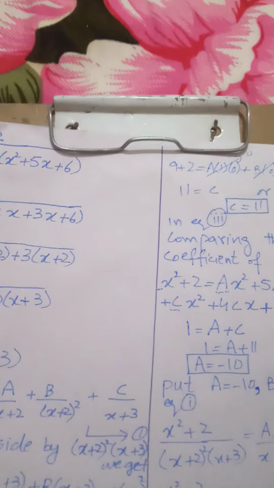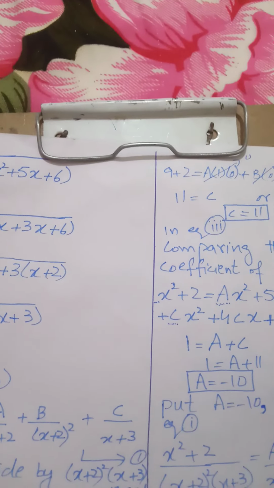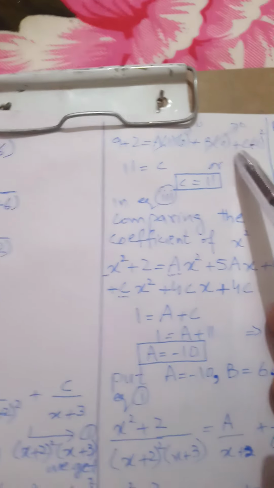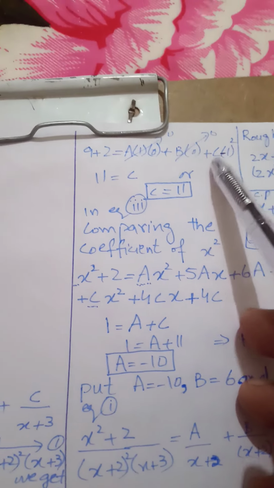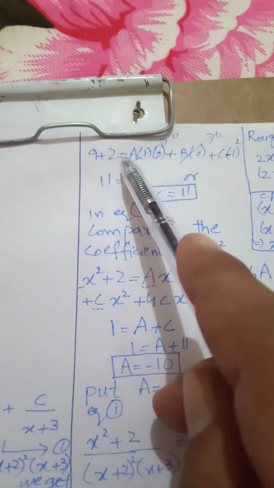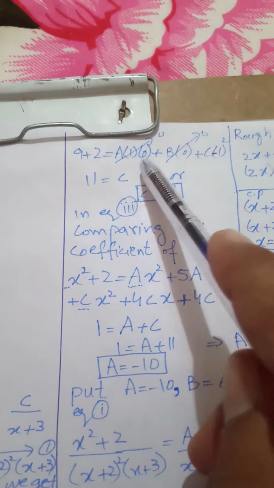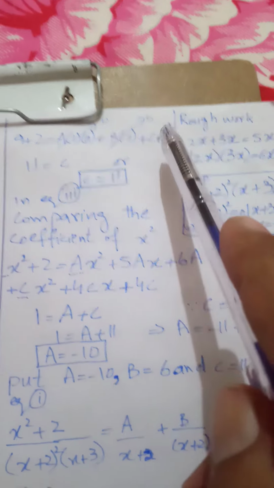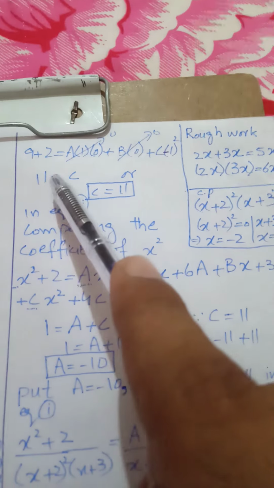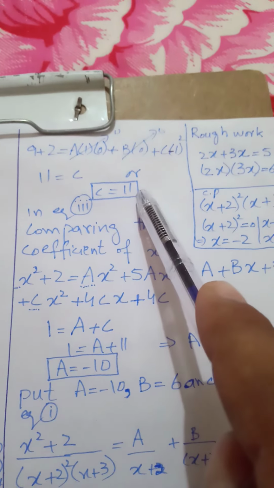And when we multiply 1 with c, this will be just c, because in multiplication 1 is the multiplicative identity. Now 9 plus 2 is 11. This term will be finished, this term will be finished. It gives us 0, and 0 is the additive identity, so just c is equal to 11. Means 11 is equal to c, or c is equal to 11.